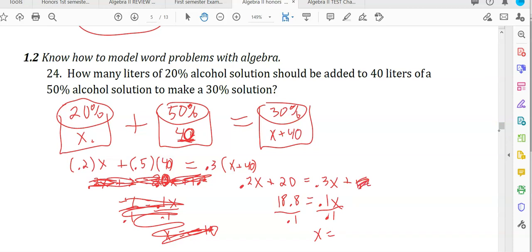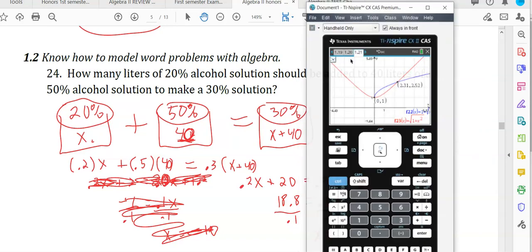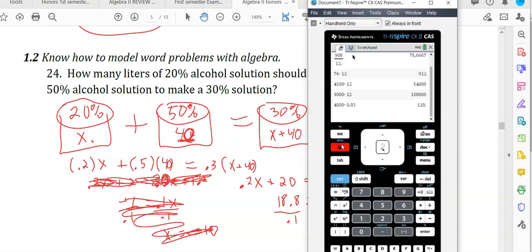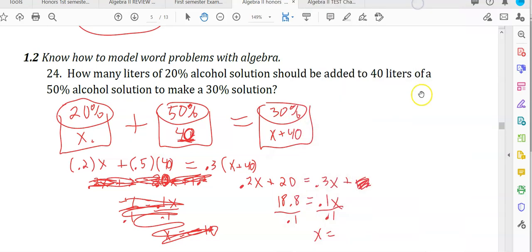So this is not 1.2. This is 0.3 times 40, right? So 0.3 times 40 is 12. So this is 12 right here. So let's keep going. Okay, so now we get on the right-hand side 0.1x.